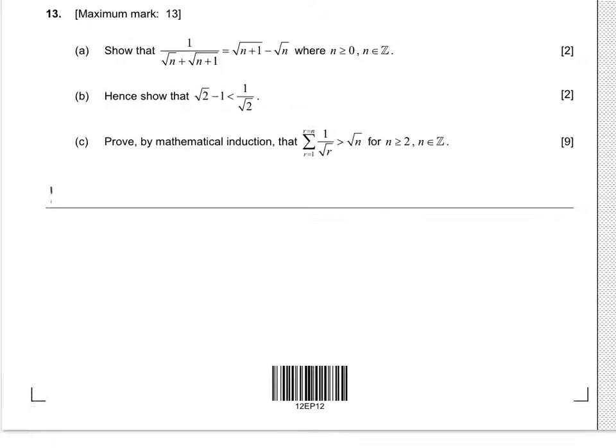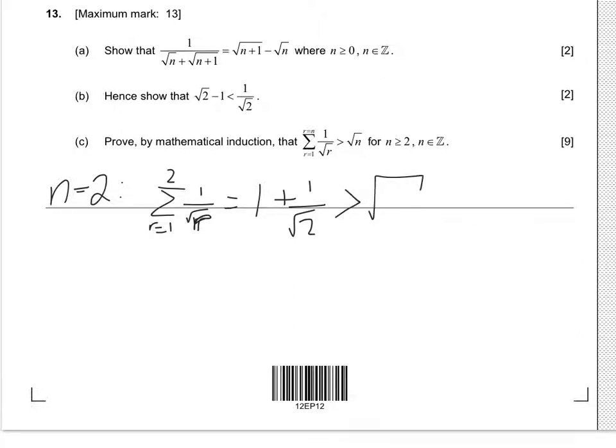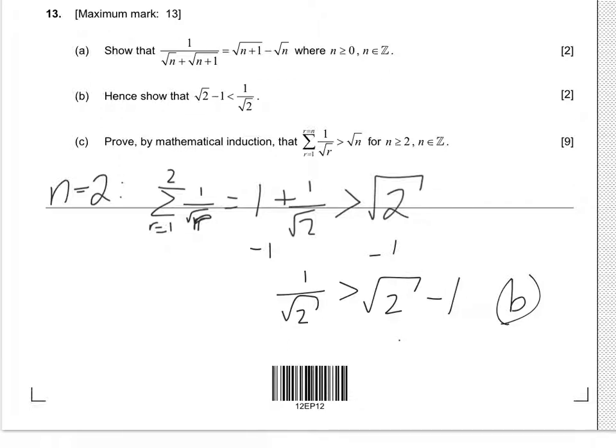Well, we're going to start with our base case, which is n equals 2. n equals 2 gives us the sum from r equals 1 to 2 of 1 over root r, which is just 1 plus 1 over root 2, which is bigger than root 2, which can be rearranged to, let's take 1 off both sides, 1 over root 2 is greater than root 2 minus 1, which we saw in part B. So therefore P of 2 is true. Proposition is true when n is 2.